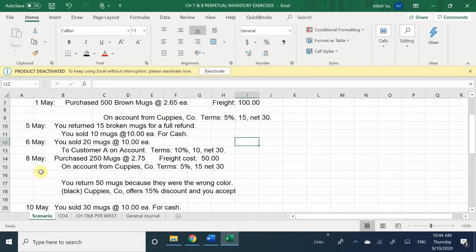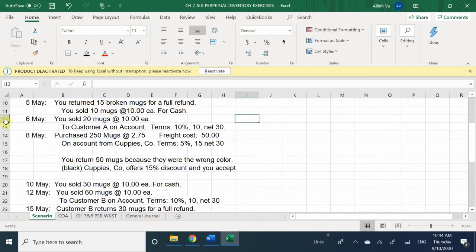So what happened next on the same day? Actually, no. We're done with May 6th. I was looking at May 8th. What happened on May 8th? On May 8th, purchased 250 mugs at 275, freight $50 on account from Tuppy's Cove, terms 15, 30.